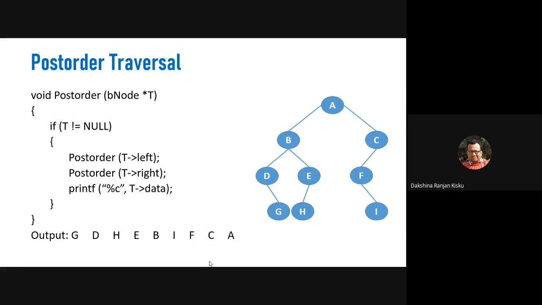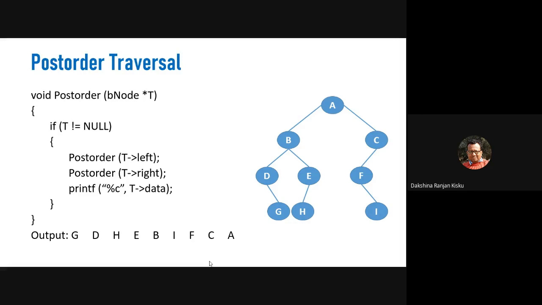According to this post-order traversal, first we will be visiting node G. Why node G? Because first we go to the left subtree of A, which is rooted at B, and then the left subtree of B, which is rooted at D. Since the left subtree is visited first, and there is no left subtree of D, we will be visiting the right subtree after the left subtree.